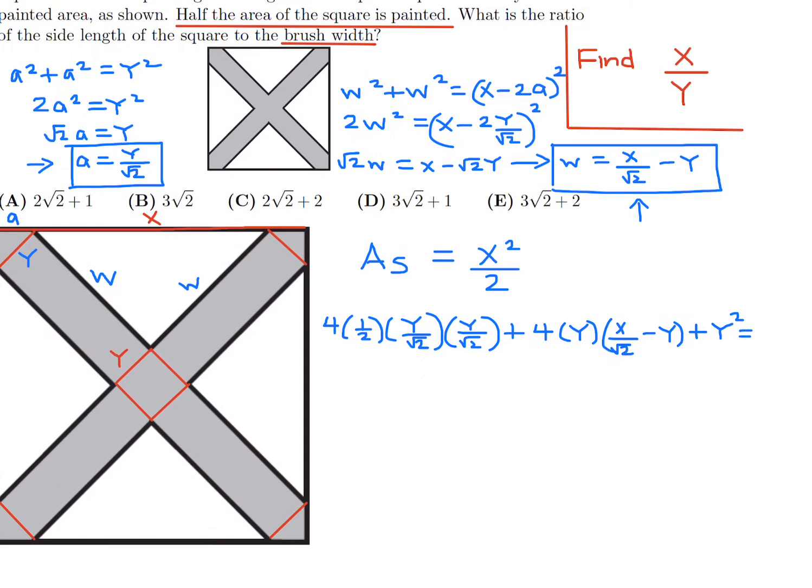Correct? And that is equal to X squared over 2. This right here is the equation that's going to help us solve for X over Y. It won't be extremely straightforward, but we'll do a little bit of fanciness.